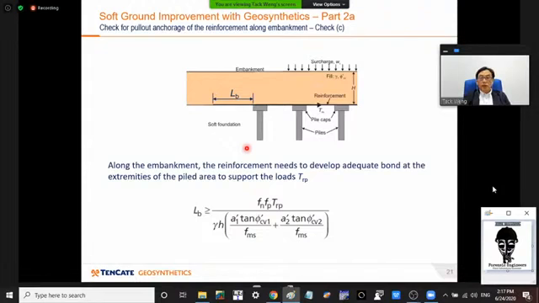This concerns check C, and it is about bond length or anchorage length beyond where the piles are used. Otherwise, it will slip in, so you have to provide adequate bond length or anchorage length. And again, BS8006 has provided an equation for you to calculate this.